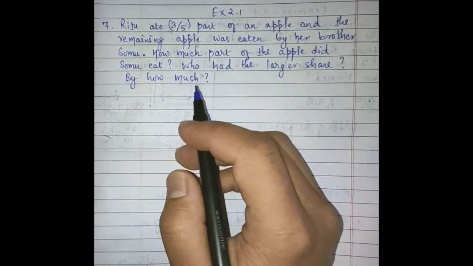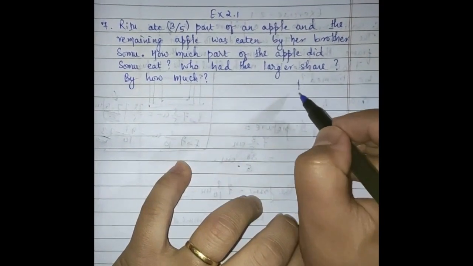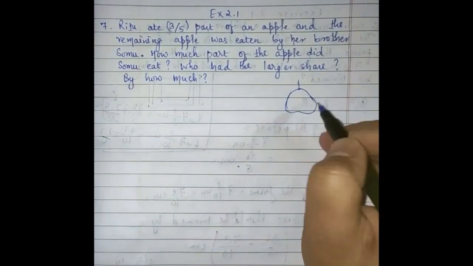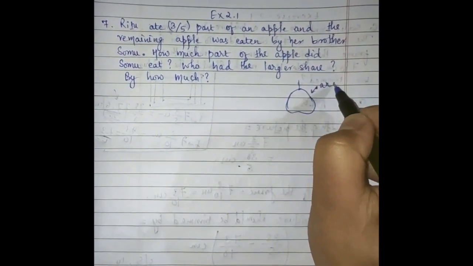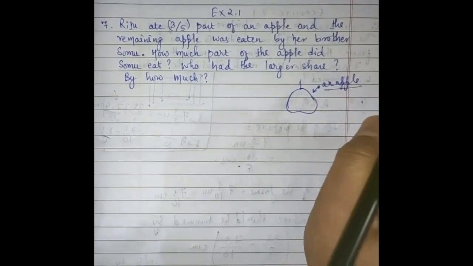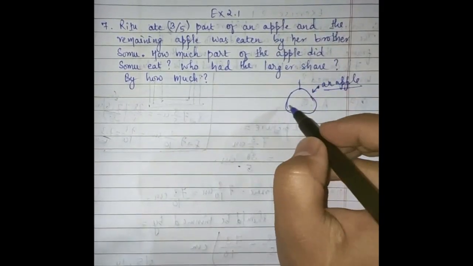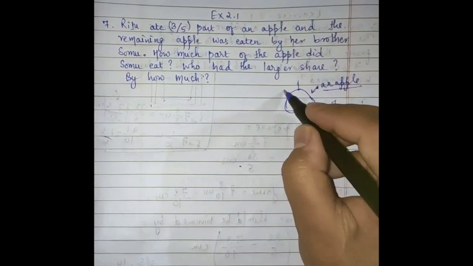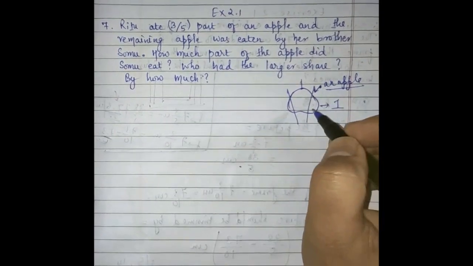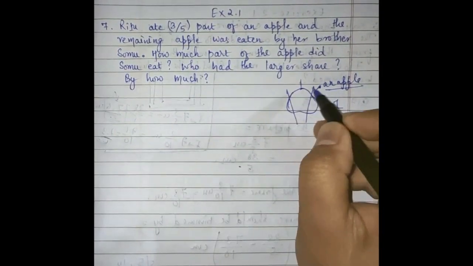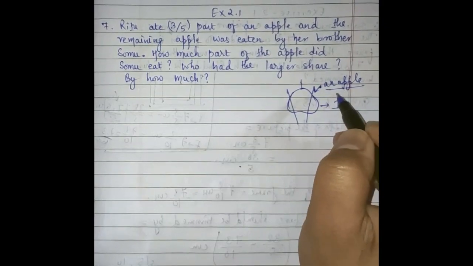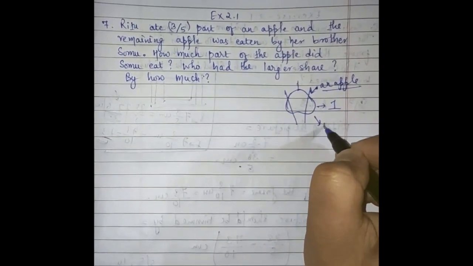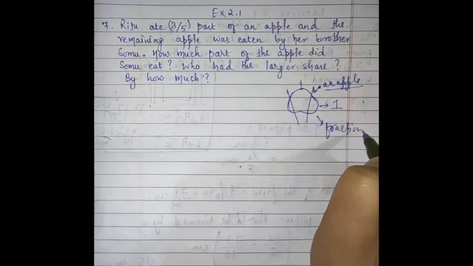Now, to understand this question, I'm making here a rough diagram of an apple. Alright, so suppose this is your apple. If it is not looking like an apple, consider any fruit. Okay, so this whole apple we will consider as 1. Alright, what I have told in the first class is that whenever you are breaking any object into smaller pieces, after breaking, it will be converted into a fraction.